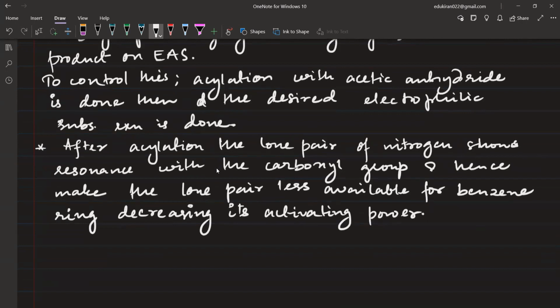And then you will show it like this. You have the phenyl group, nitrogen with one hydrogen, C double bond O, CH3. This lone pair here is now having resonance with this C double bond O also.